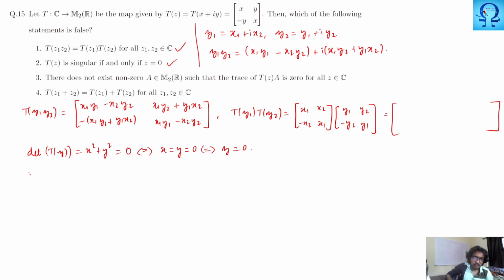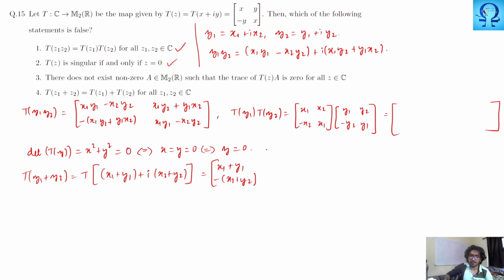Okay, similarly, you can very well try and check this t of z1 plus z2. This is nothing but t of x1 y1 plus iota times of x2 plus y2. This is x1 plus y1 minus x2 plus y2, x2 plus y2, and x1 plus y1.